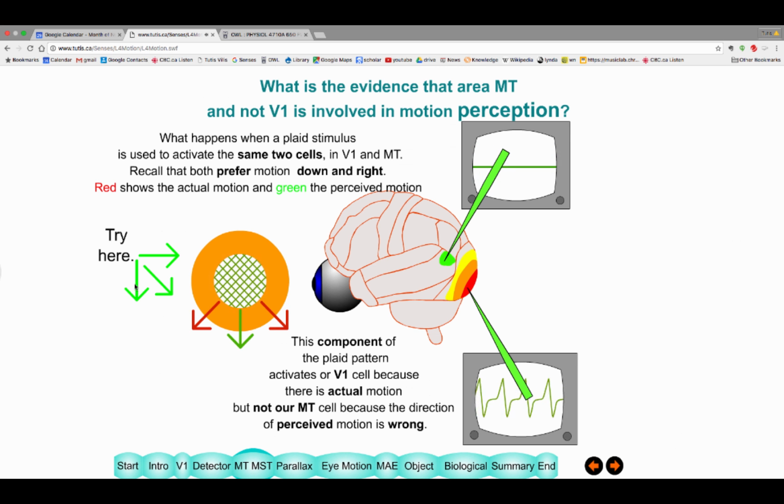And finally, if we use this stimulus, again we light the V1 cell because now there is physically something moving in that direction. But when you look at it, you just sense the object is moving down, not down to the right. So MT fires when you sense something moving in its preferred direction. So this proves that your sense of motion is whatever MT tells you it is, and not necessarily what V1 says it is, because V1 would not sense this directional motion.